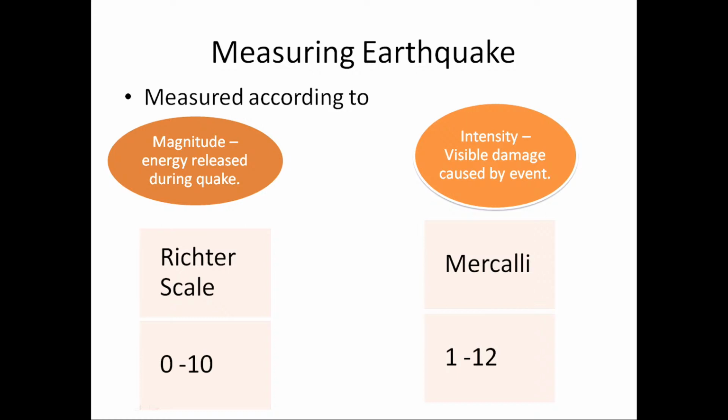Mostly we say on the Richter scale the earthquake measured approximately 5.6, 7.1 or 8.1. This is magnitude. We talk only in terms of energy, not in terms of damage, whereas the Mercalli scale talks about the damage caused by the earthquake.